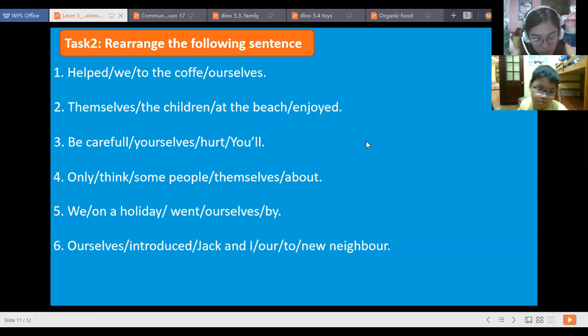Then we have to make the coffee ourselves.